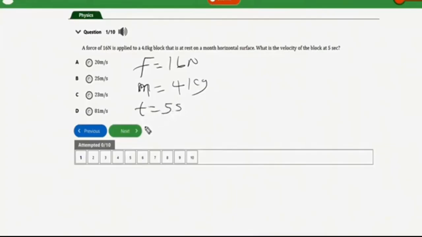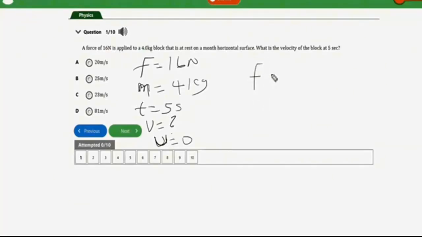We are looking for the final velocity, which is unknown. Then our initial velocity u is 0.